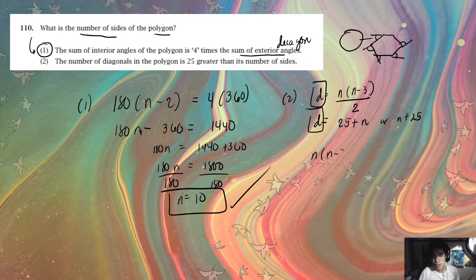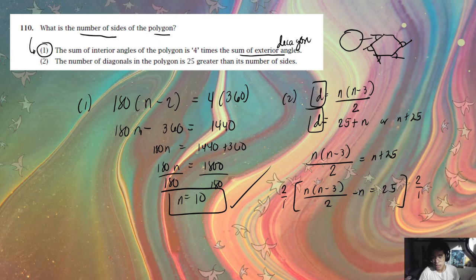So n times quantity n minus 3 divided by 2 is equal to n plus 25. Solving for the value of n, we can transfer n to the other side. So n times quantity n minus 3 all over 2 minus n is equal to 25. Multiplying both sides by 2 so that we can cancel the denominator 2 on the left side. So it's canceled.